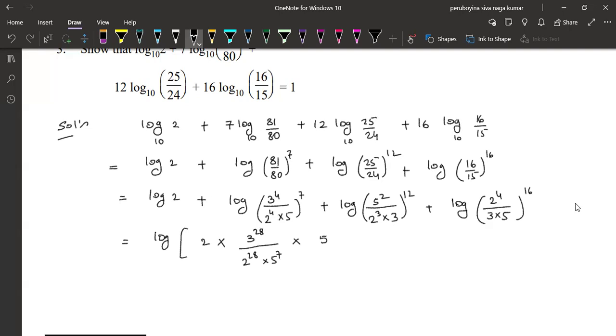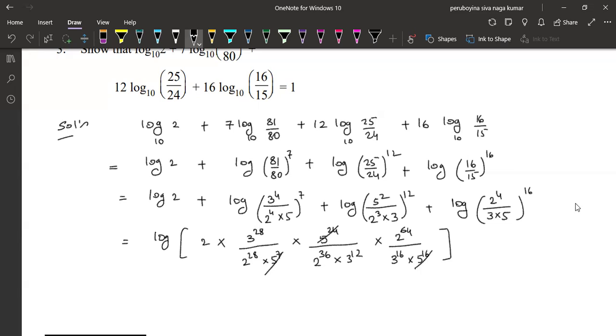So 5 power 2 twelves are 24 divided by 2 power 3 twelves are 36 and 3 power 12, and again multiplied by 2 power 16 fours are 64 and 3 power 16 and 5 power 16. Now you can see 5 power 7 and 5 power 16 is 23, 24 in the numerator.